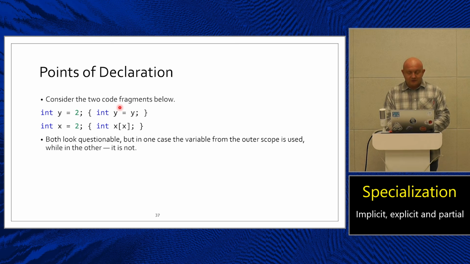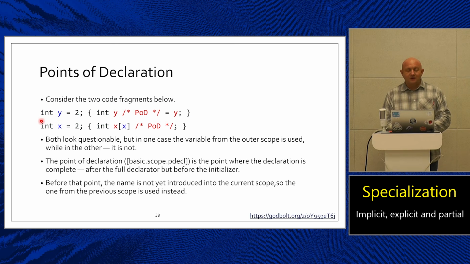Why? Because, by definition, point of declaration is where the declaration ends. The declaration of y ends here, after the initializer, and this name is available from the point of declaration to the end of scope.